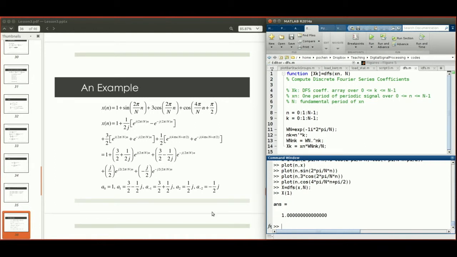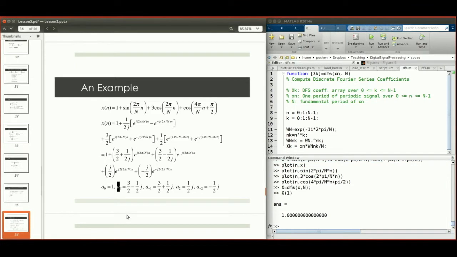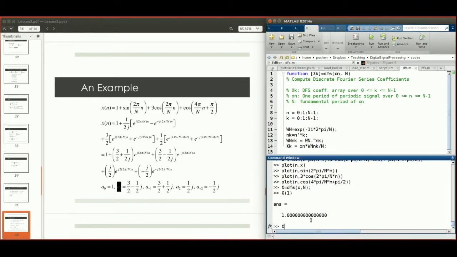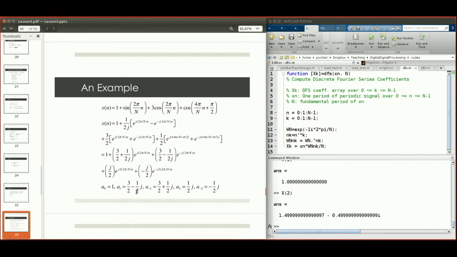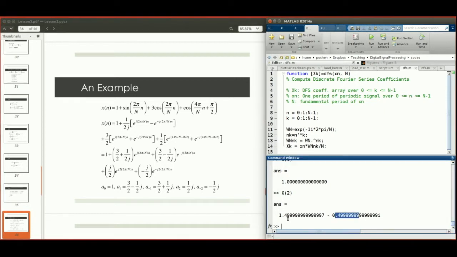So if we want to look at a0, we have to look at big X1 here. That's exactly 1, right? And then let's look at a1. a1 corresponds to big X2. That's 1.5 subtract 0.5j. Numerical error is unavoidable, so it's not exactly 1.5, right? But it's 1.4999, very close to 1.5.